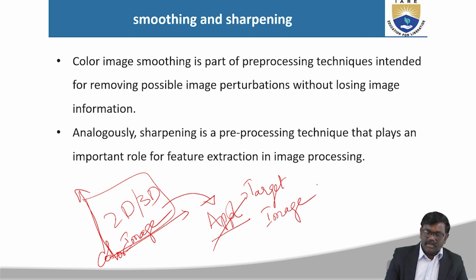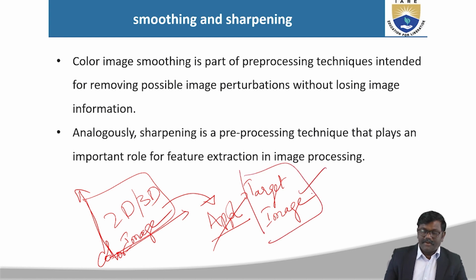For that we wanted to understand how this target image can be prepared and how it can be applied. For that we are using smoothing and sharpening of image processing.